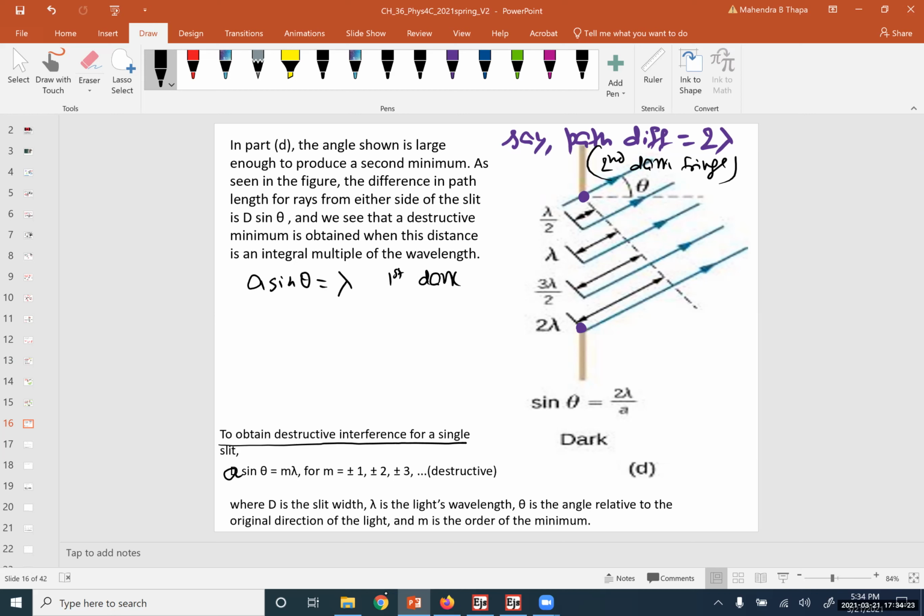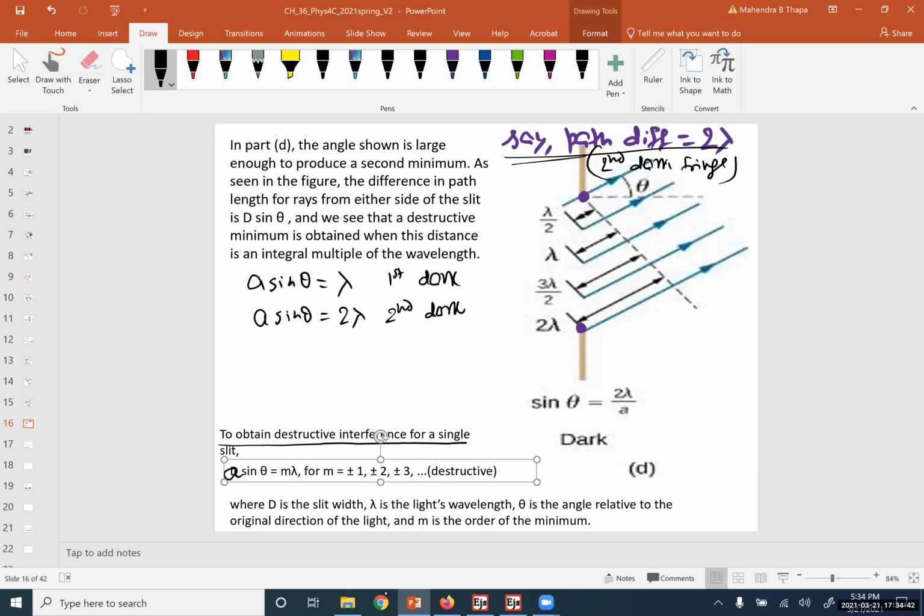When we have A sine theta equal to 2 lambda, then we have the second dark. Similarly, if you keep going just like that, then if we have A sine theta equal to m lambda, we get the destructive interference.